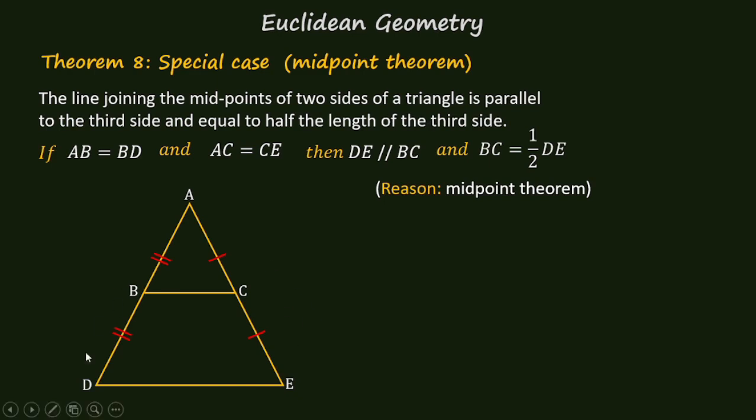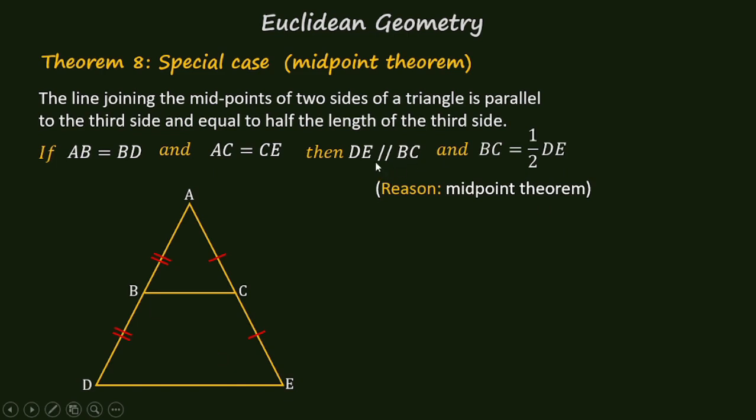In this case, we are given the triangle ADE with BC drawn to the midpoint of AD and the midpoint of AE. What the theorem says is that this line, which goes to the midpoint of AD and the midpoint of AE, is parallel to the third side DE. Therefore, BC in this case will be parallel to DE.